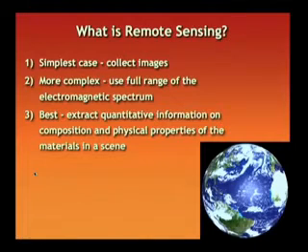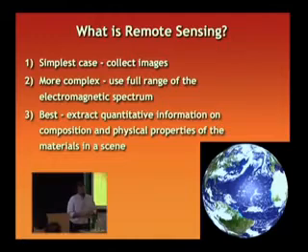And so in the simplest case, we're collecting visible light, spatial patterns, temporal variability, and using that information to construct a 3-dimensional model of the world around us. The next level is to take full use of the electromagnetic spectrum. Our eyes evolved to focus on the light put out from the sun, but there's a whole spectrum of electromagnetic energy that goes beyond visible.